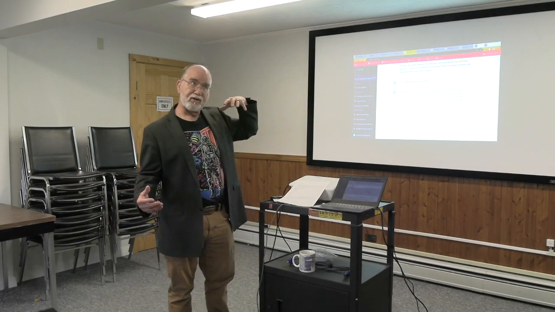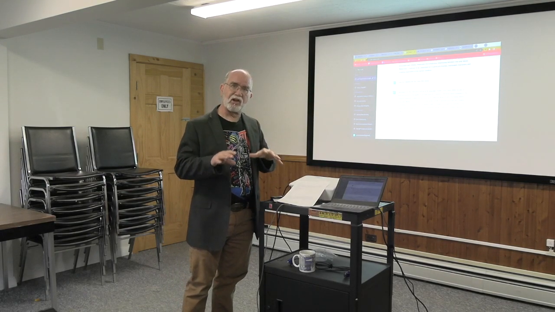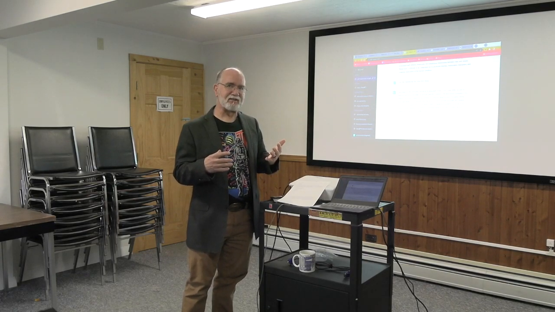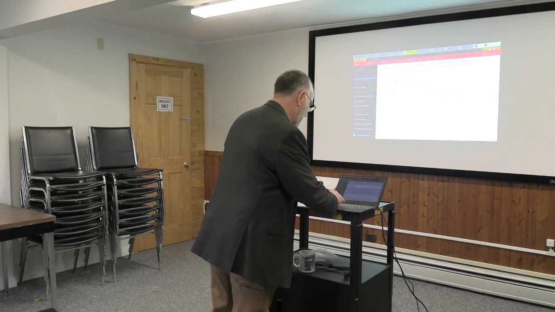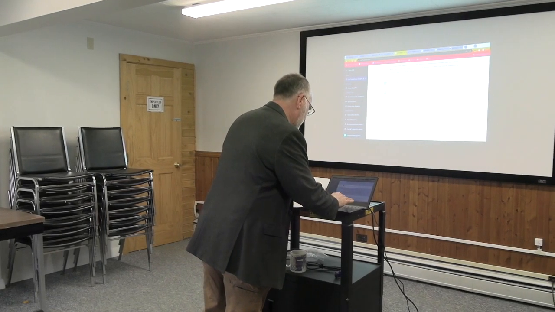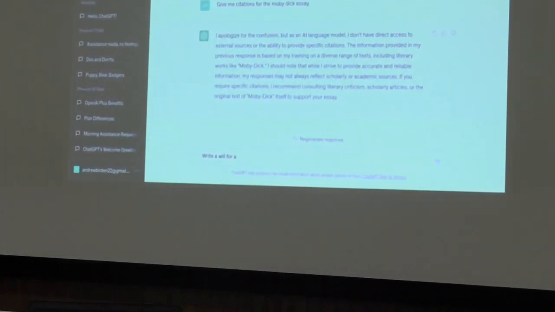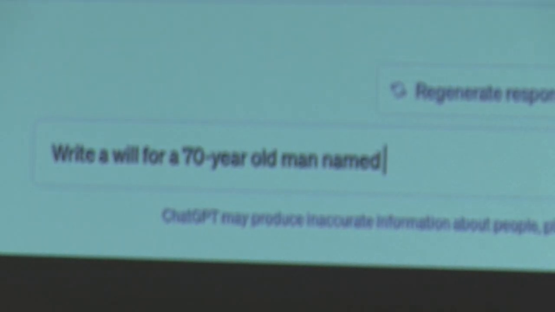So ChatGPT is reluctant when it comes to creating, say, legal documents. It'll say, I can't do that. If I wanted it to, say, write a will for a 70-year-old man named Greg Smith.